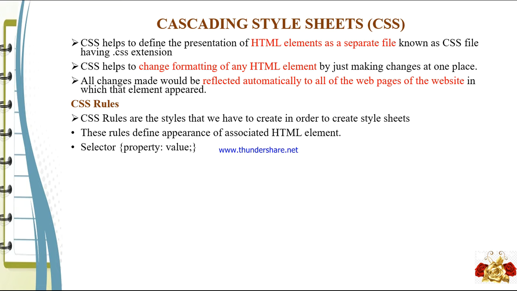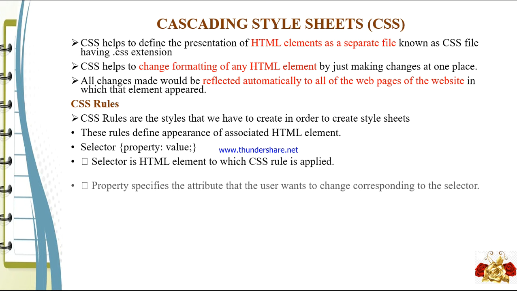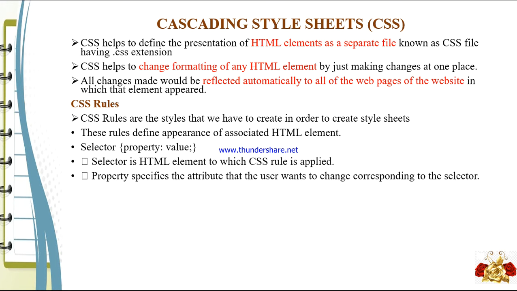Okay, this is the main rule: selector, property colon value. The selector is the HTML element to which the CSS rule is applied. The property specifies the attribute that the user wants to change corresponding to the selector.